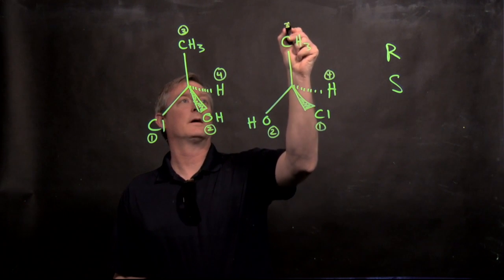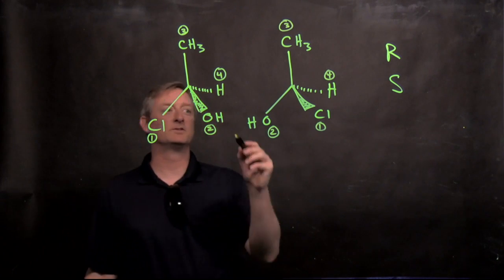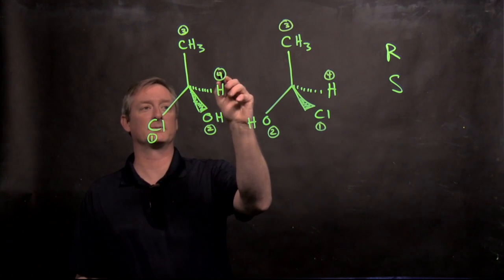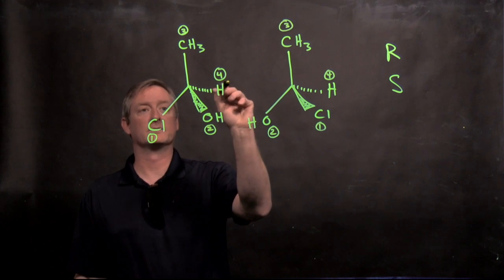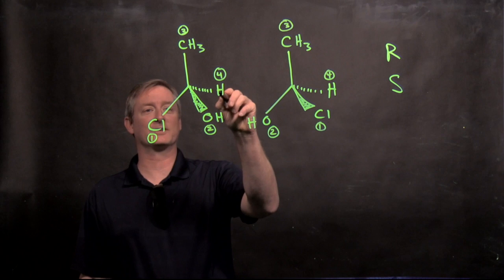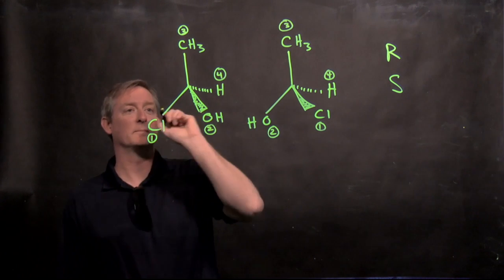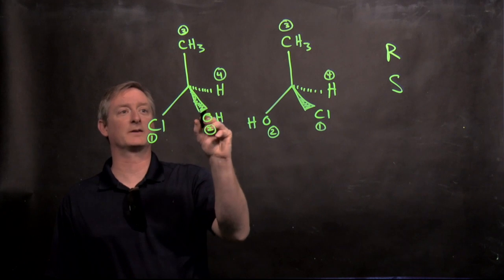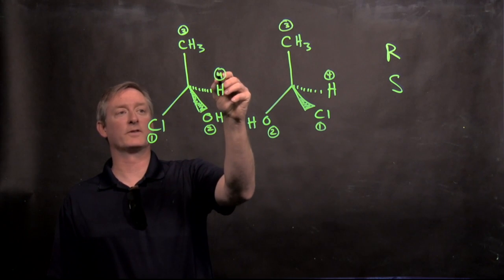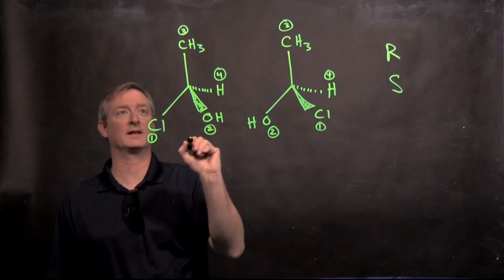And the rule to figure out which one's R and which one's S is you put the 4th substituent away from you, so on the opposite side of the molecule. Now, since this is a dashed line, it's already oriented like that, which is handy. So I'm looking at this molecule with the correct perspective because my 4th substituent, the lowest priority substituent, is on the opposite side of the molecule.